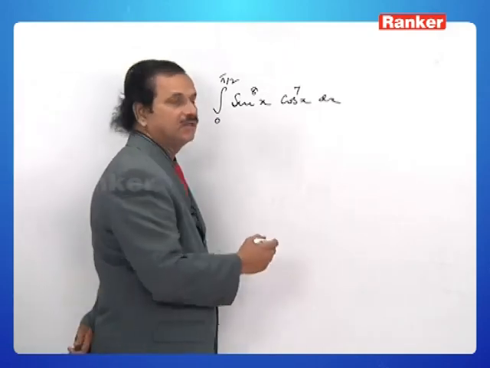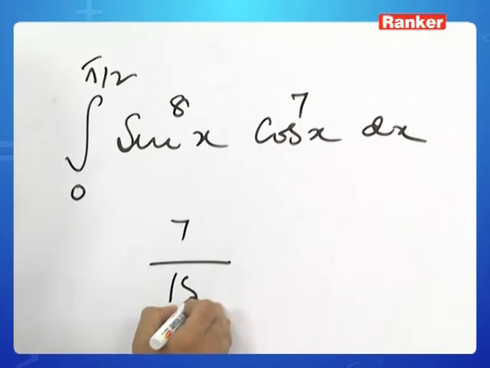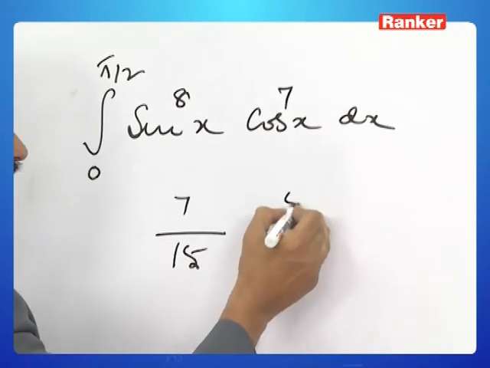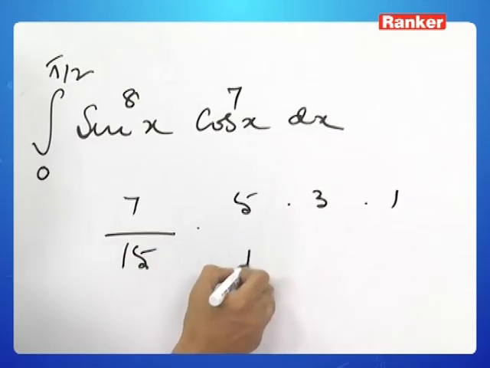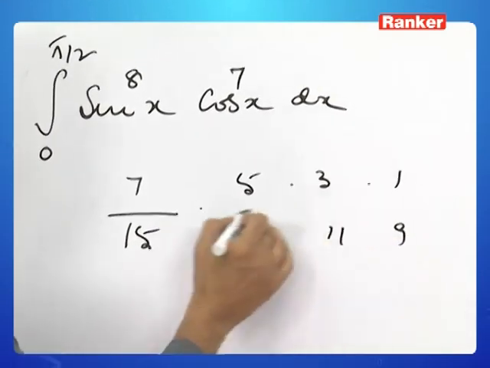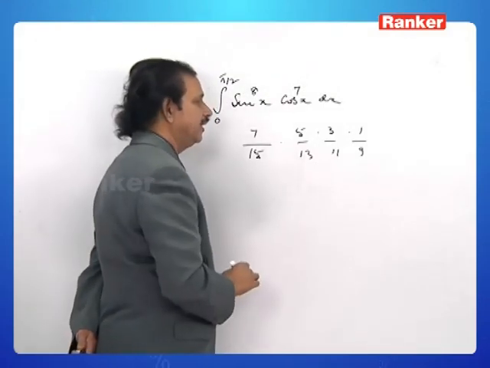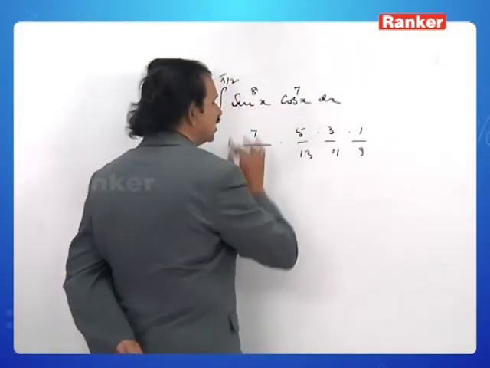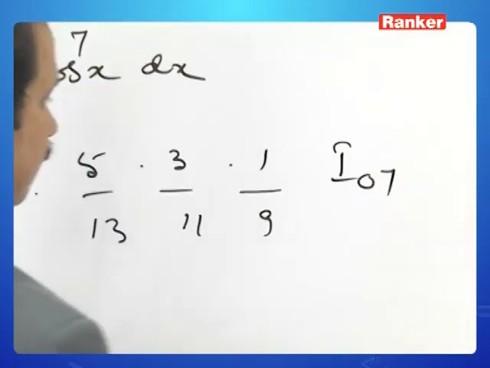Starting step is m minus 1 by m plus n, that is 15 into 5, 3, 1. In the numerator, 13, 11, 9 in the denominator. Okay, stop there. Now, as m is even, you should have I07.